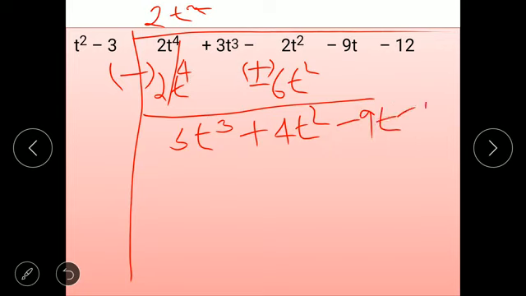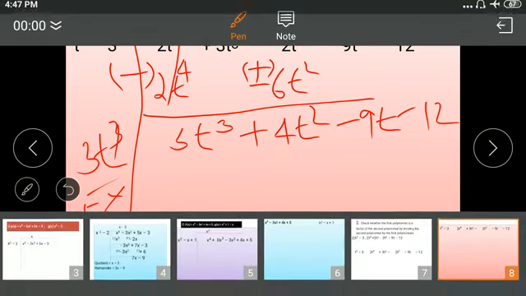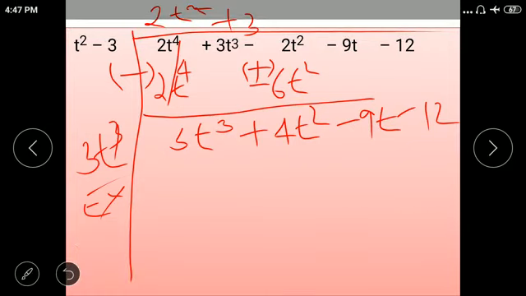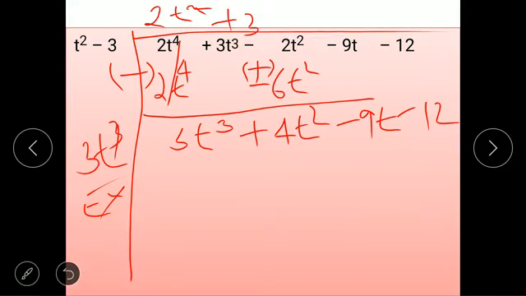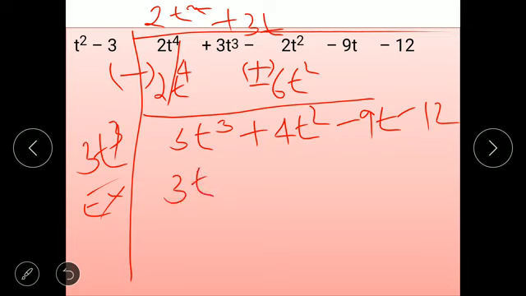9t minus 12. Now again, 3t cube divided by t square. T square and this one cancel. Balance, what is remaining? 3t. 3t into t square, 3t cube, 3t into minus 3, minus 9t.